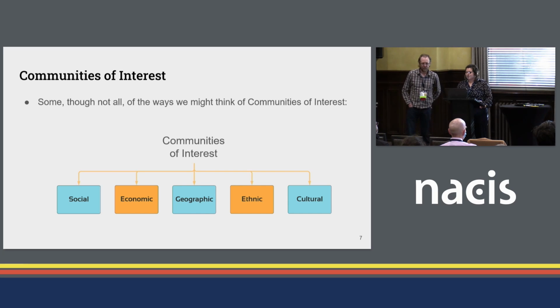California has one of the most precise definitions written into their state constitution, and it's worth quoting. A community of interest is a contiguous population which shares common social and economic interests that should be included within a single district for the purposes of its effective and fair representation.